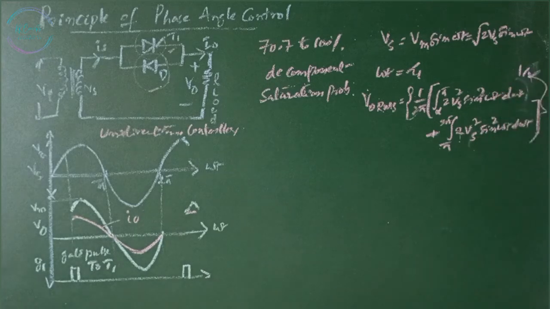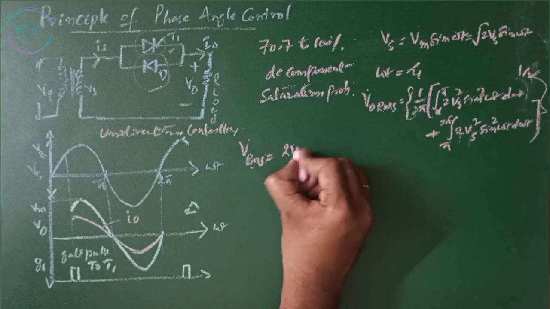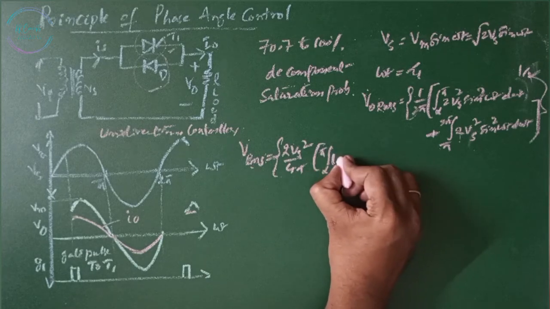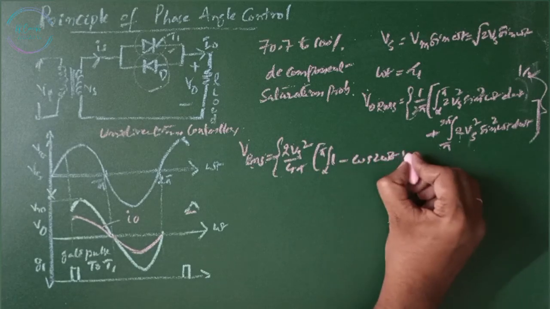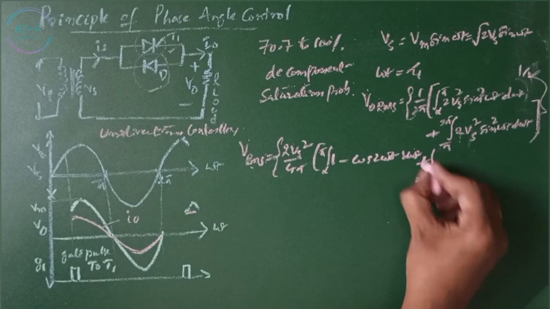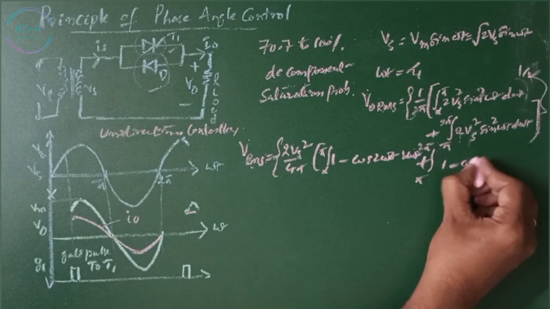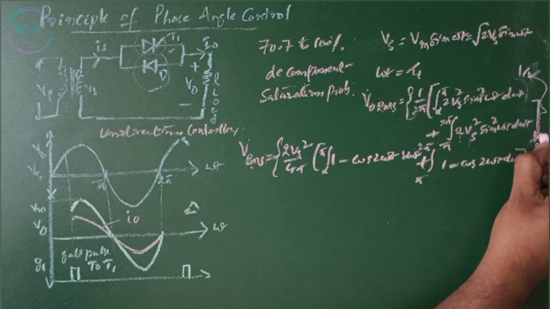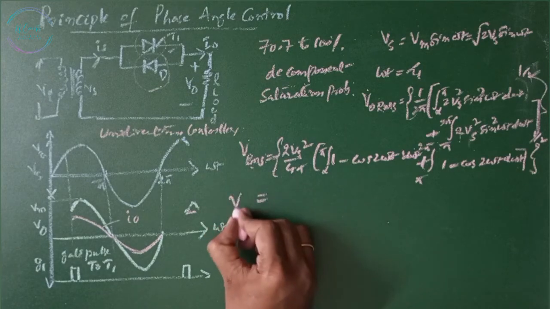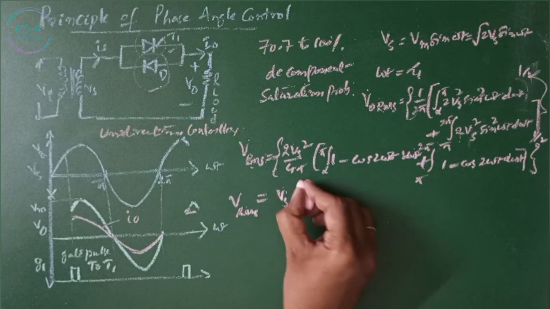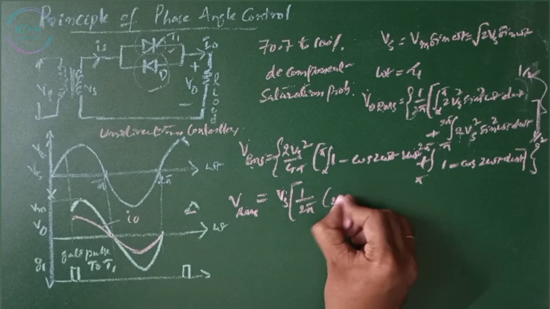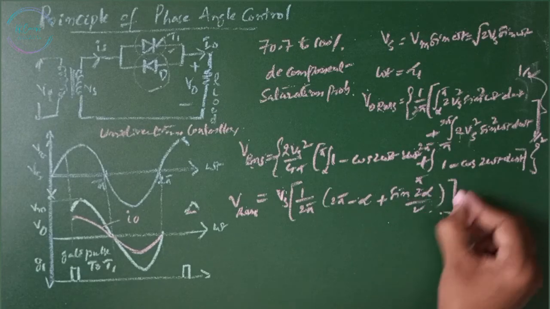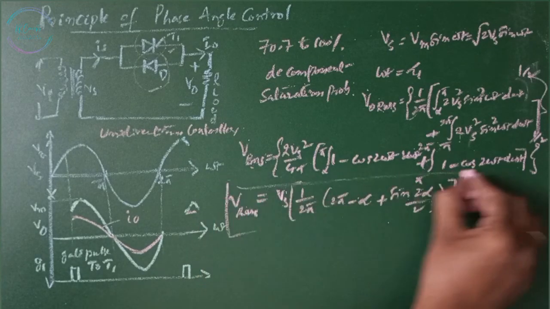Then V RMS equals 2 Vs square by 4 pi times the integral from alpha to pi of 1 minus cos 2 omega t d omega t, plus the integral from pi to 2 pi of 1 minus cos 2 omega t d omega t, all under the square root. Then if you solve this, you are going to get V RMS equals Vs times the square root of 1 by 2 pi times (2 pi minus alpha plus sine 2 alpha by 2). This is our V RMS.